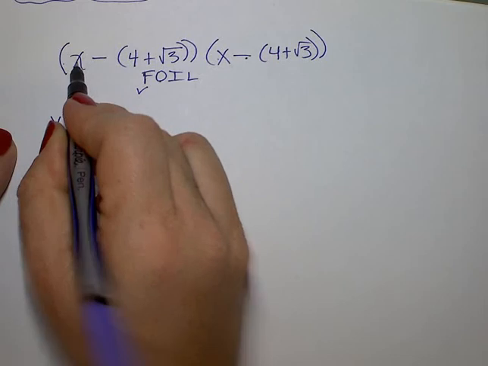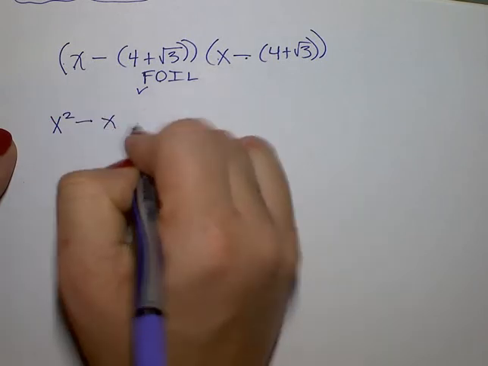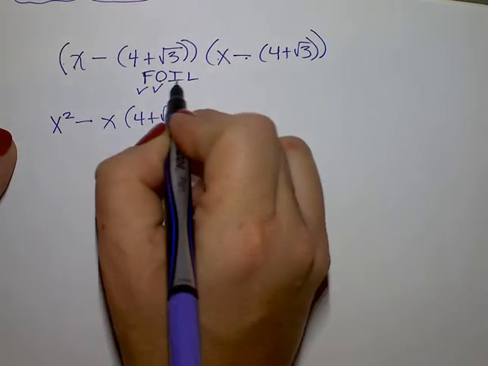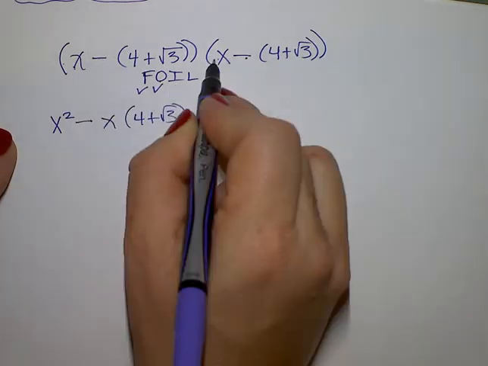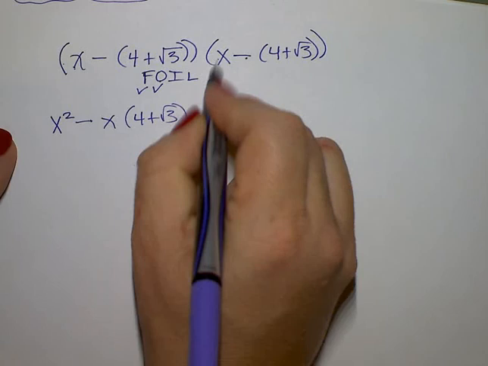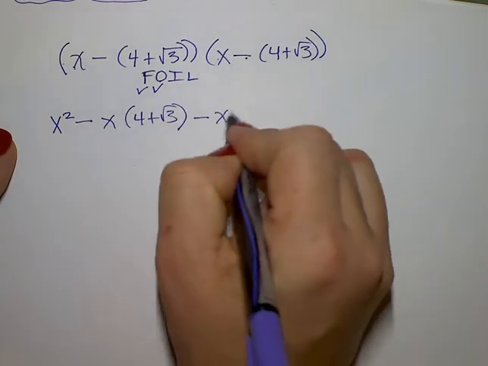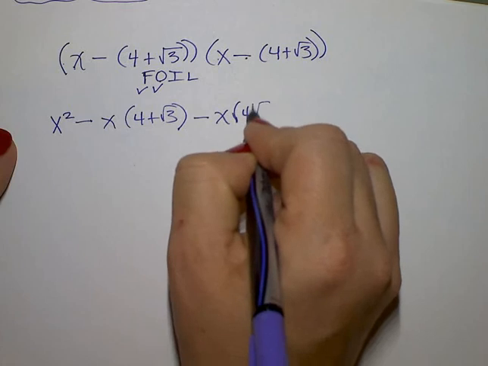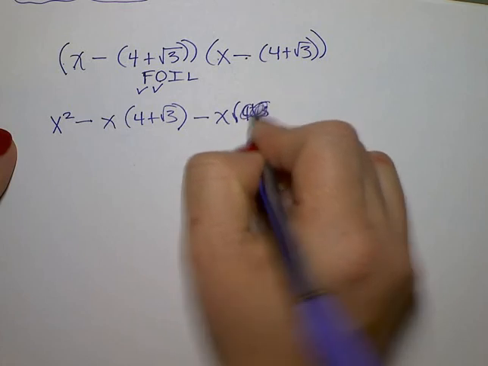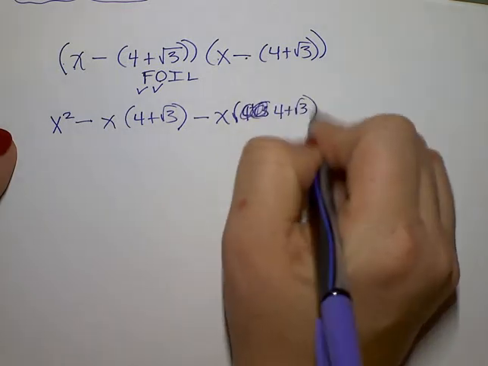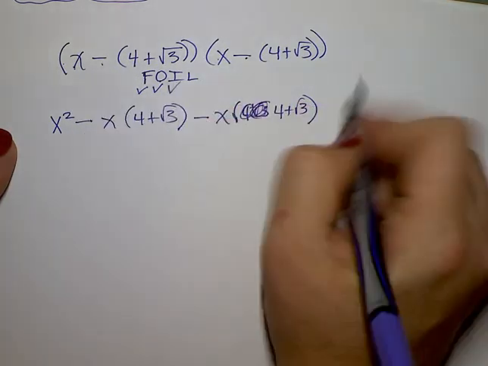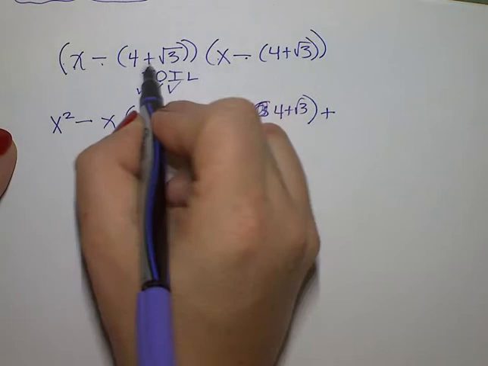X times this quantity. Inside, negative times a positive is a negative. X times this quantity. Last, negative times a negative is a positive. And I'll write down the two quantities.